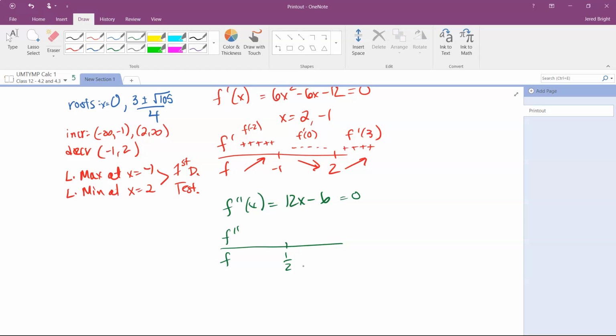In the same manner as before, I can take sample values from each interval, substitute it in, and so I get negative on this side for the second derivative, positive on this side, meaning that the left side of 1/2 is going to be concave down, and the right side is going to be concave up.